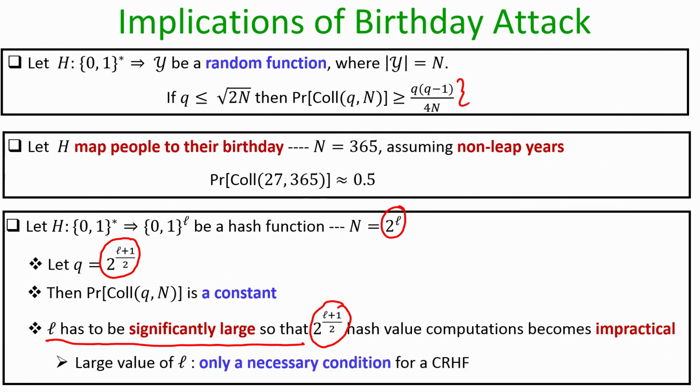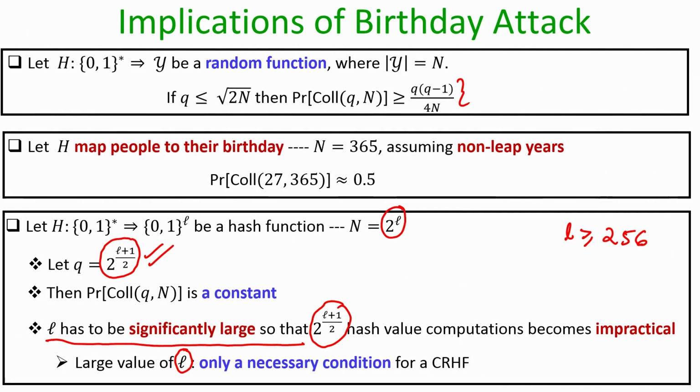That is why a necessary condition for obtaining a collision resistant hash function is that you should have a large value of little l, because if little l is small, then just by making these many queries, the adversary could come up with a collision with almost constant success probability. So, that is why the minimum value of little l recommended for current practical instantiations of hash functions is 256.